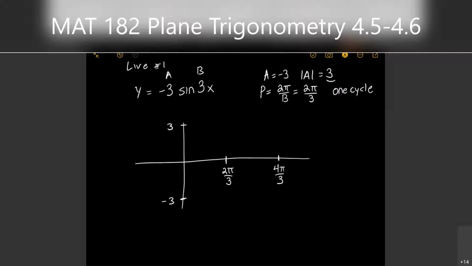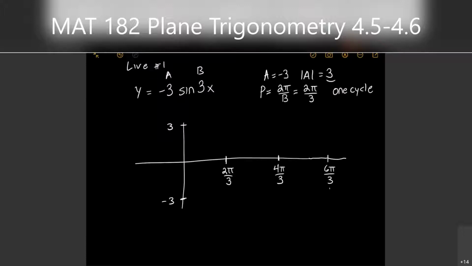We'll have another cycle, and then the next cycle would come at 6 pi over 3, if we're adding 2 pi over 3. So we'll have a full cycle of sine in each of those windows there.